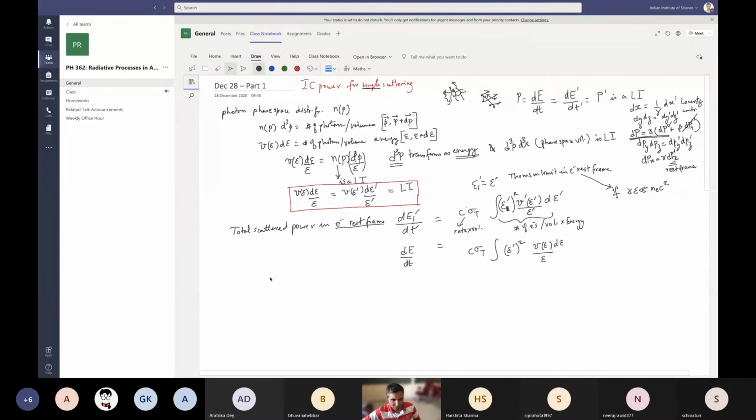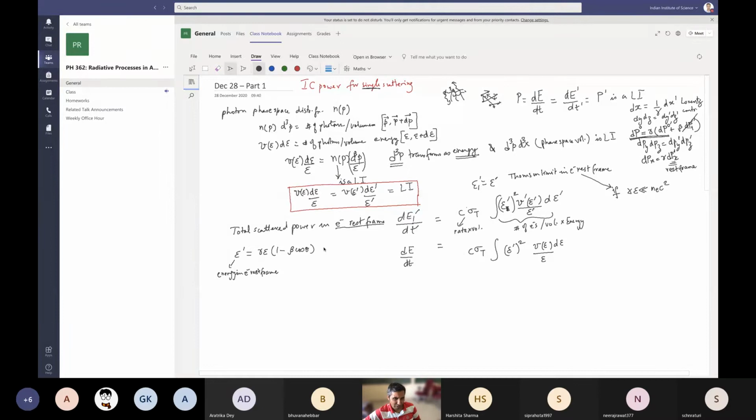This is nothing but epsilon prime, the energy in the electron rest frame. This is just the standard Doppler boost formula: epsilon prime is equal to gamma epsilon (1 minus beta cos theta).